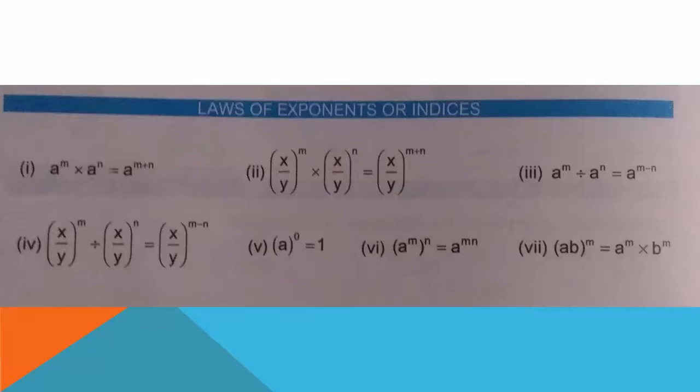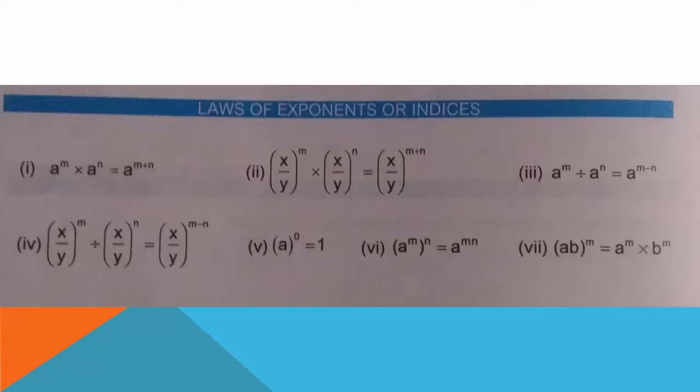Formula number 6. a to the power m whole to the power n. That means there is a base and exponent and an overall exponent over that. a to the power m whole to the power n. Then the resultant will be the base will remain same and the two exponents will get multiplied together. So it will be a to the power m into n. In the same way, look at formula number 7.